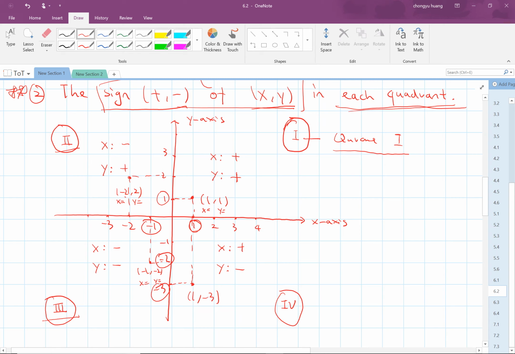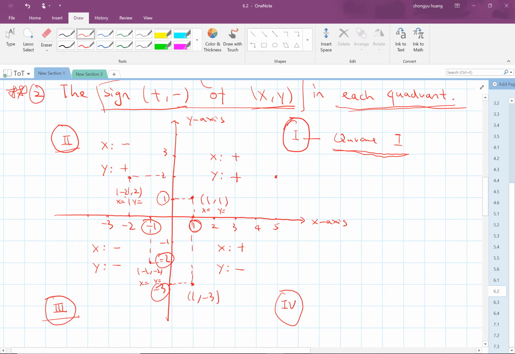Okay, so you may say, what about choosing a different point? Will the signs be different in the coordinate? And the answer is no. I will show you guys. Suppose we put another point in quadrant 1, over here.